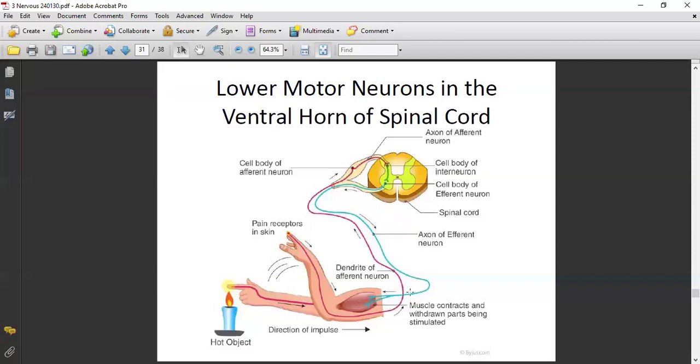Action potential only travels along the axon until it reaches the end. It doesn't jump over. It will cause the nerve ending to release neurotransmitter. So the next thing we are going to look at is this synapse area for motor control.